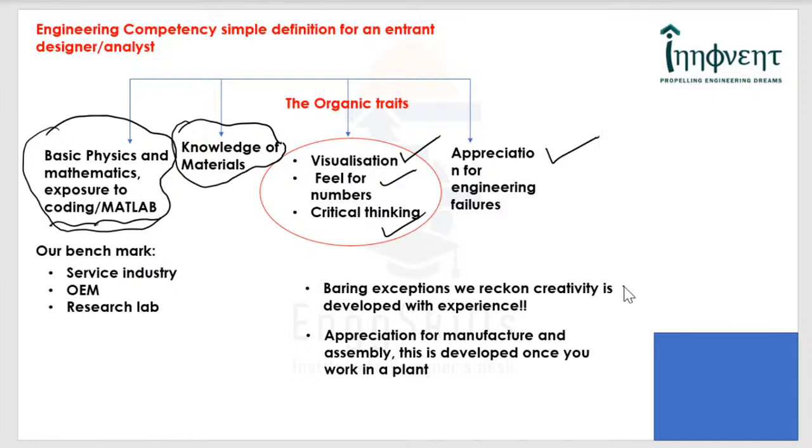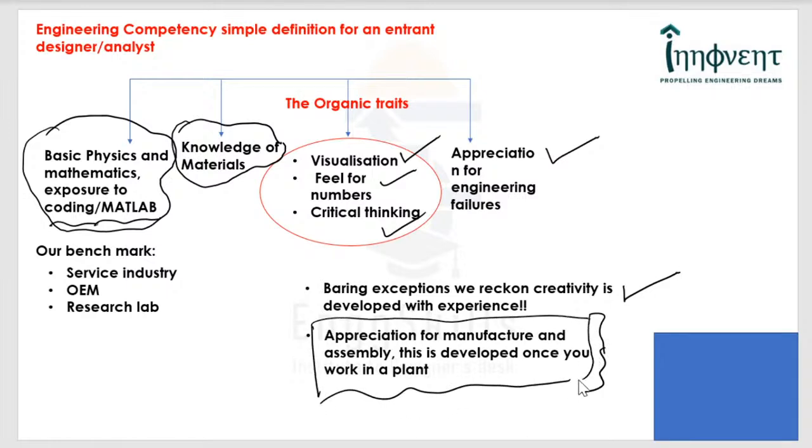And what we reckon is creativity, that is ability to sketch effective concepts for components and systems, is something that comes from experience, or some may be born with that gift. Though appreciation for manufacture and assembly is indeed a requirement, unless you work in the industries, a perfect visualization, an in-depth understanding is difficult. So we would focus on these four important traits.